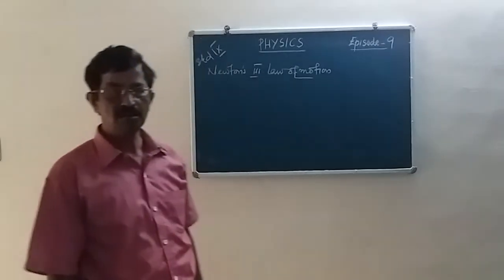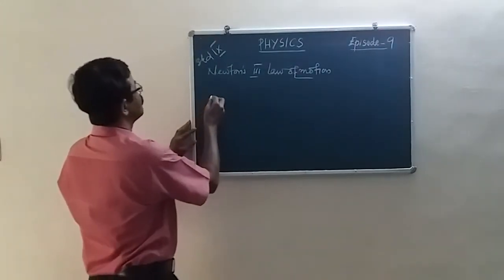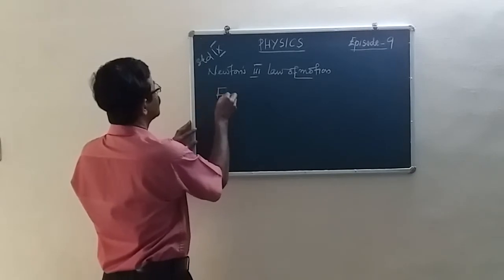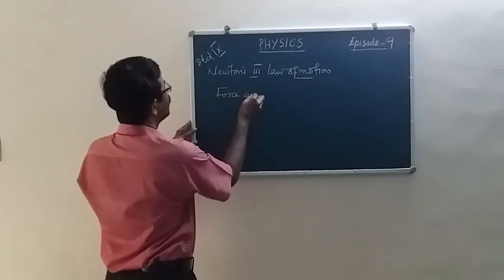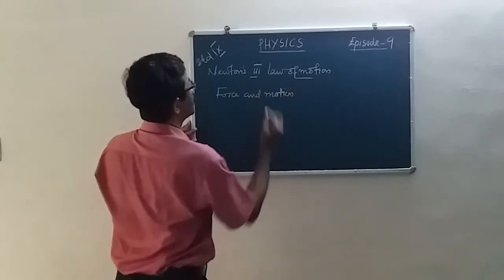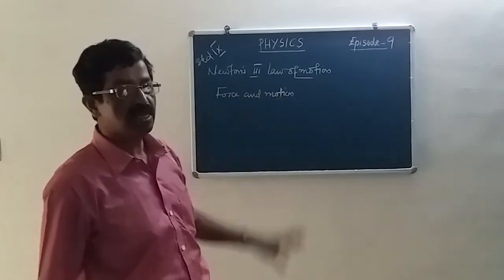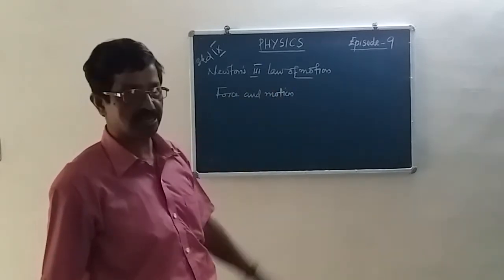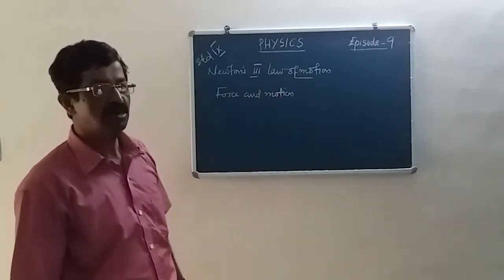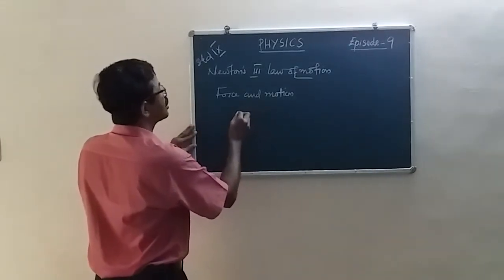In the previous class we discussed Newton's first law, then the second law. First law is about force and motion, that means how force affects the motion. Second law is used to find force.